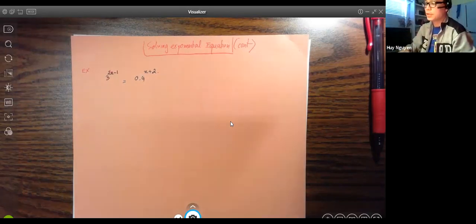On the left hand side, we have an exponential expression. On the right hand side, we have another exponential expression. So I'm sure this is an exponential equation. No radical involved, no absolute value involved. I mean, I could put an absolute value there, but it could be very hard.